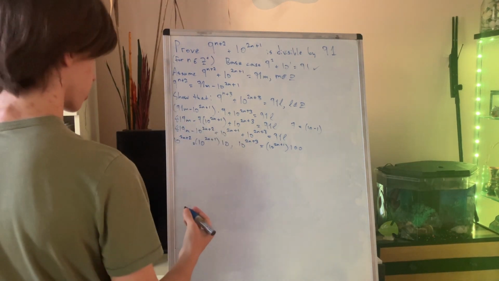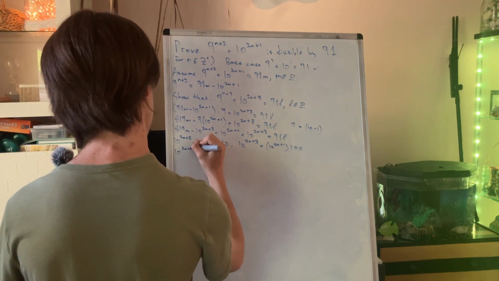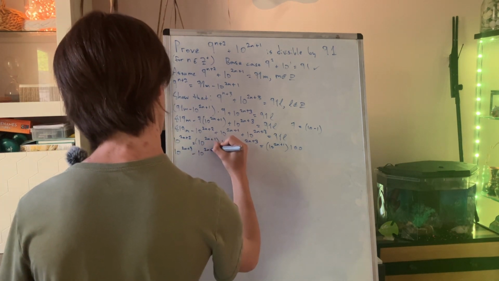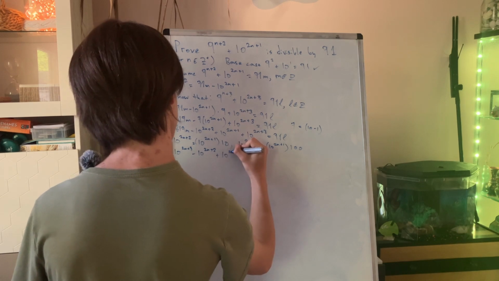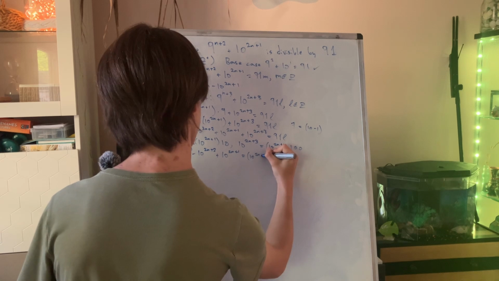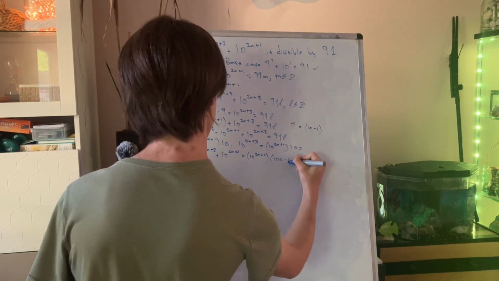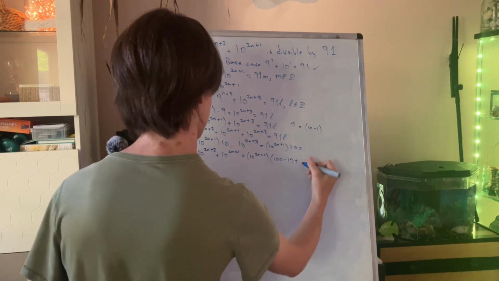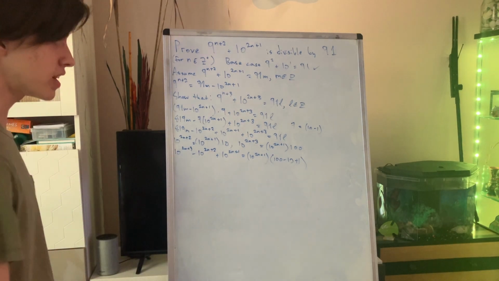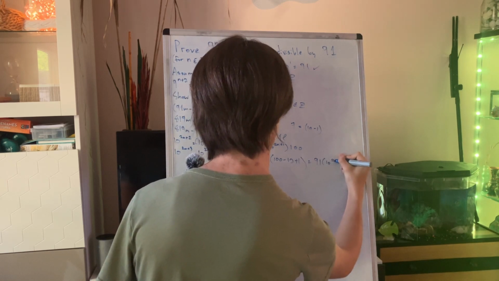Okay, so we actually have that 10 to the 2n plus 3 minus 10 to the 2n plus 2 plus 10 to the 2n plus 1 is equal to 10 to the 2n plus 1 first times 100, then times minus 10, then times 1. And what is 100 minus 10 plus 1? It's equal to 91, which is beautiful.